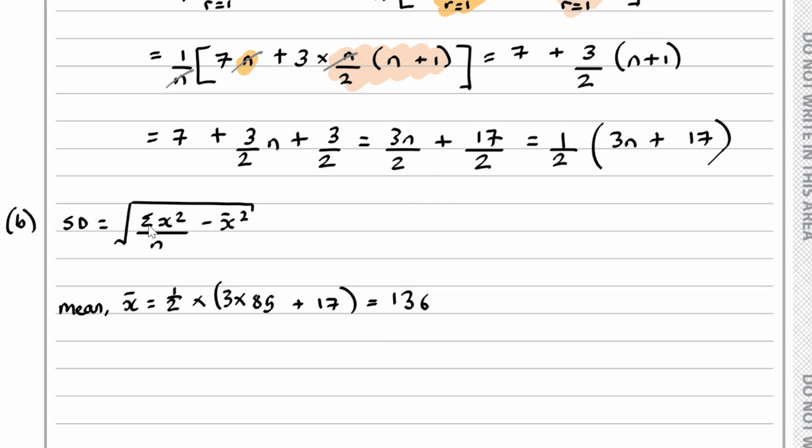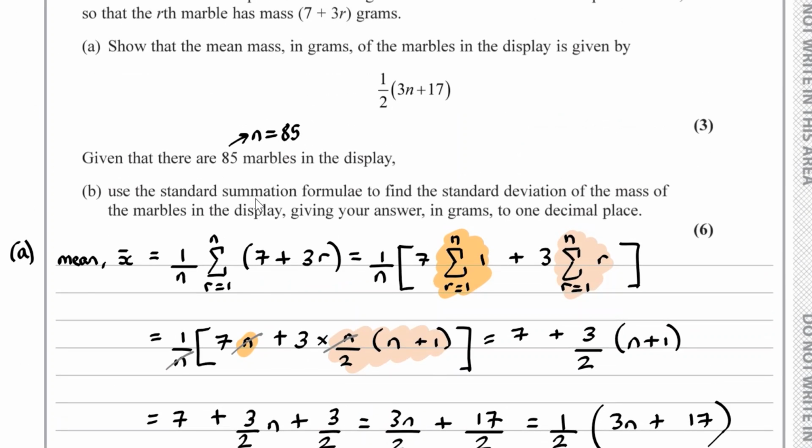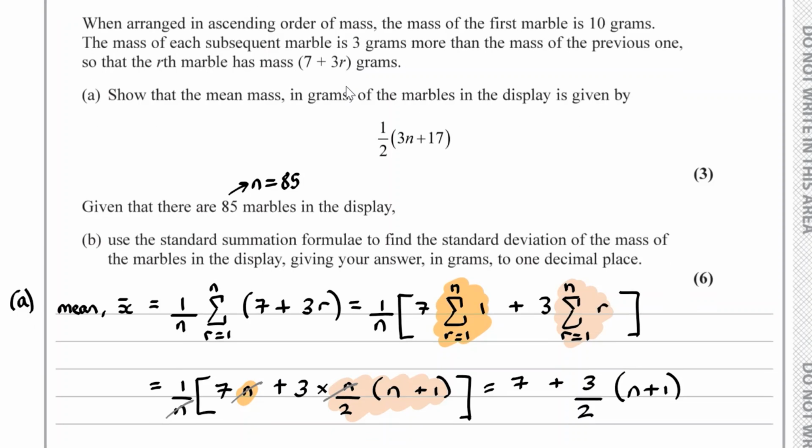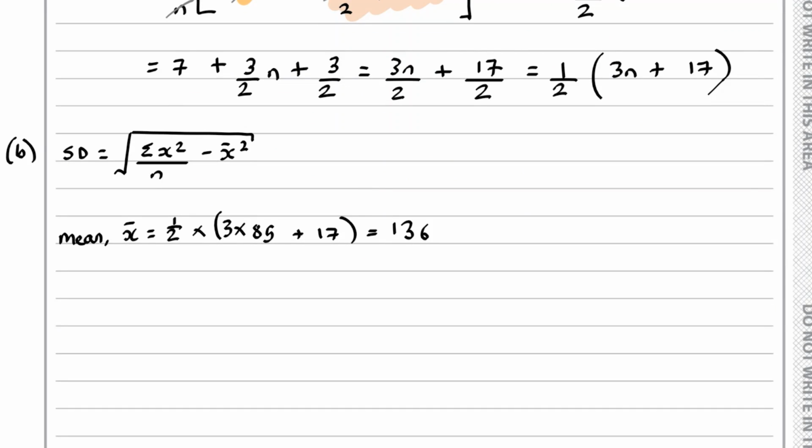And now this sum, the sum of x squared, essentially, we know what x is. X over here is 7 plus 3r, if you want to think of it like that. So perhaps if we do this in a different colour, we have the sum from r equals 1 to r equals n of x squared, which in this case is 7 plus 3r squared.